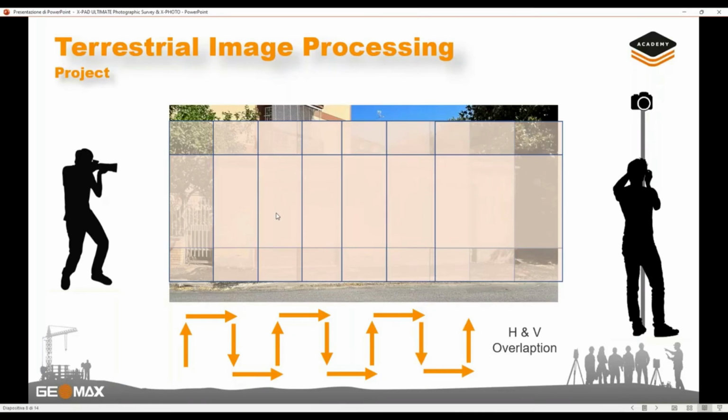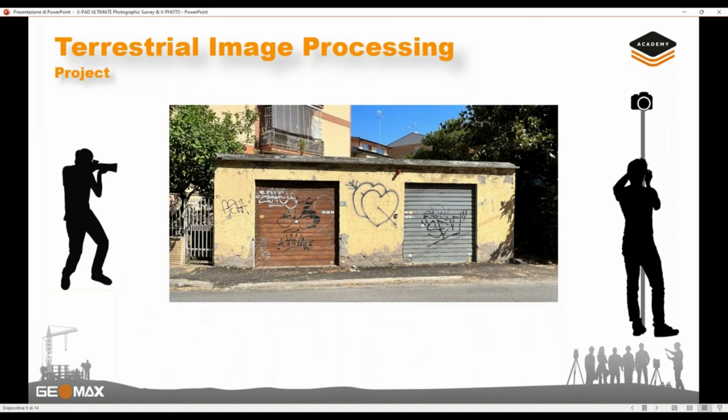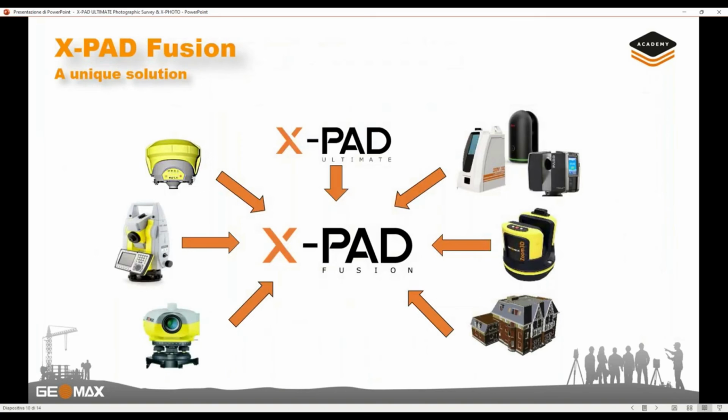Okay, let's move back to the presentation. So we already saw how we can acquire the photos directly in the field. This is just a small recap about the functionality of Xprofis Fusion. It is the software from which we can import different hardware datasets from TPS, GNSS, laser, beam files, Zoom 3D files, but also laser scanning.